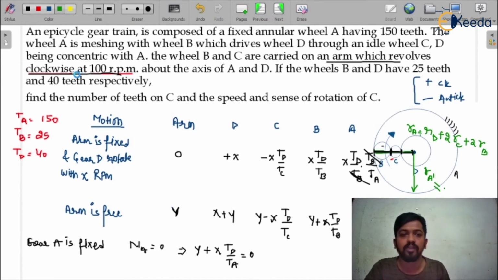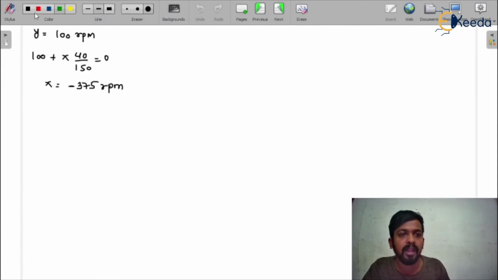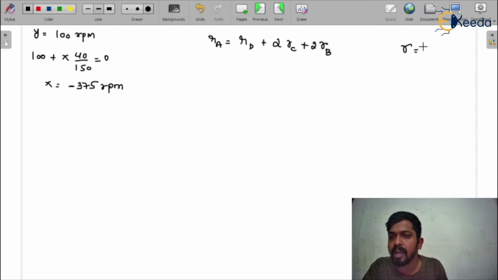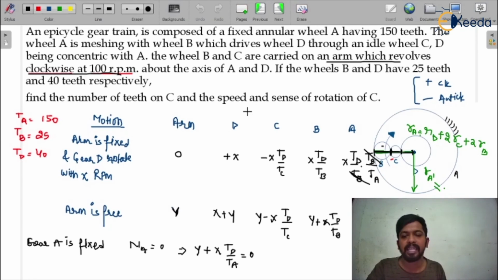So I'm writing here that RA is equal to RD plus 2 multiply RC plus 2 multiply RB, and we all know that the radius is equal to mt by 2. All the gears in the gear train have the same module, because all are in meshing with each other.